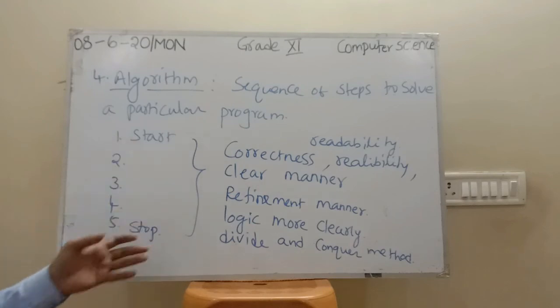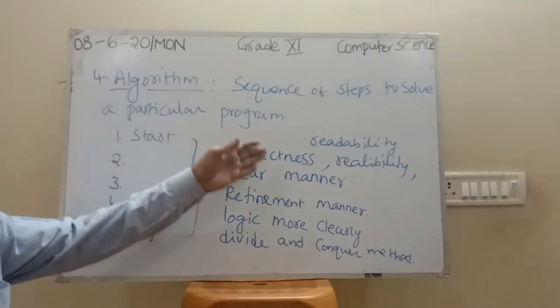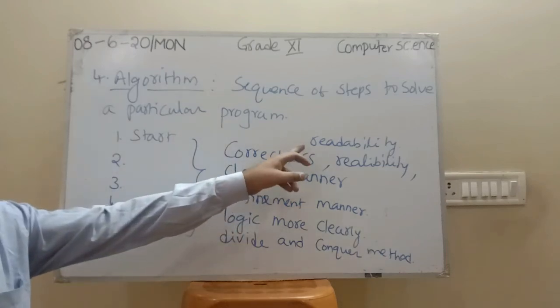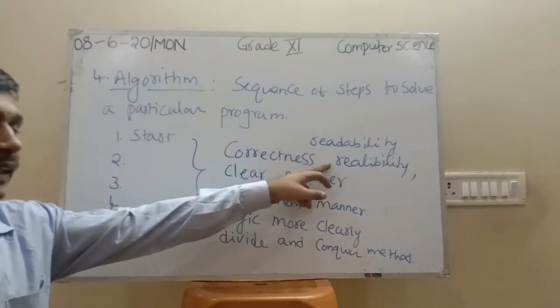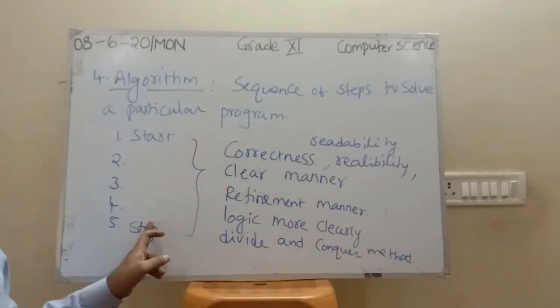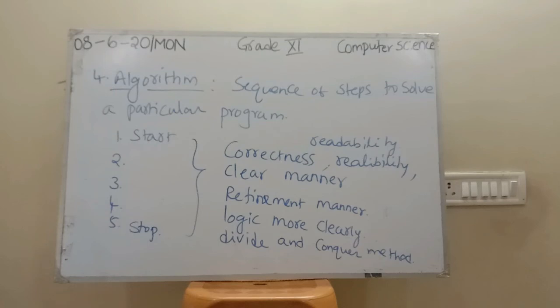So we are writing all the problem solving steps in a step-by-step manner. All these steps maintain these characteristics. We maintain readability, reliability and correctness. We write correct logic here, all the steps in a correct manner to achieve the correct output.